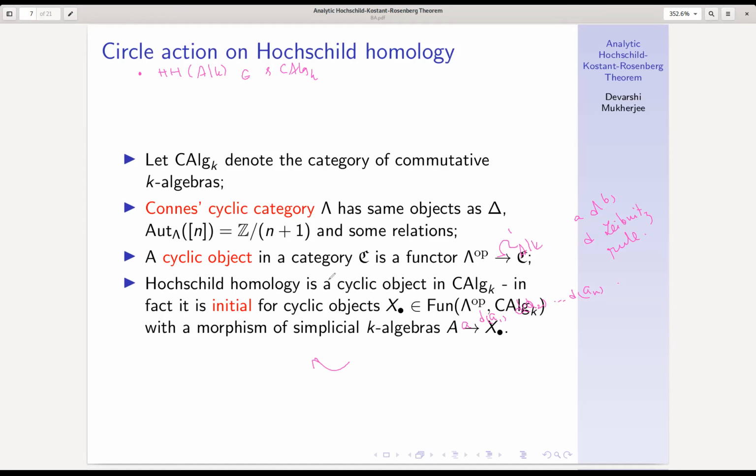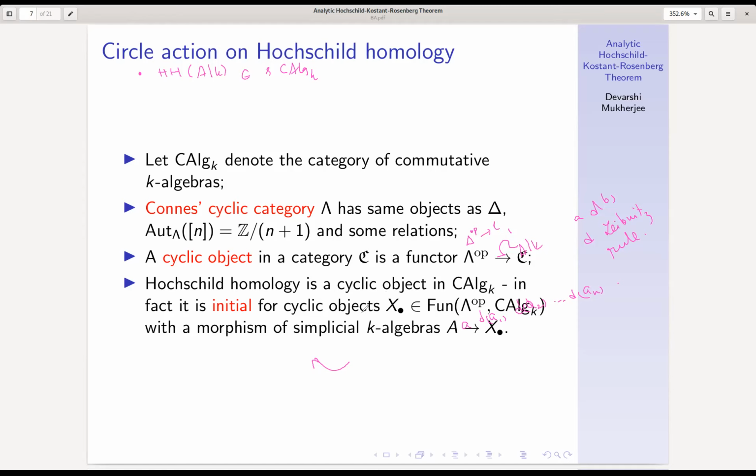A cyclic object is a contravariant functor from the cyclic category to a given category. And recall that a simplicial object is just a functor from delta op to this category, so this is a slight refinement of that.